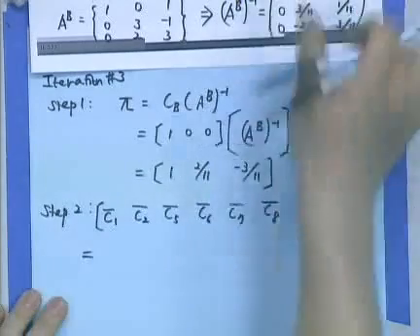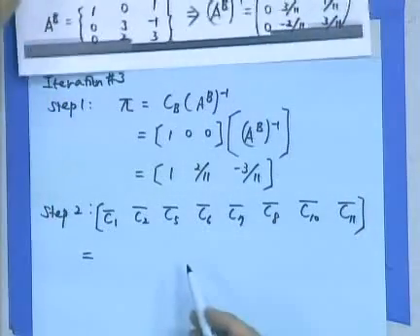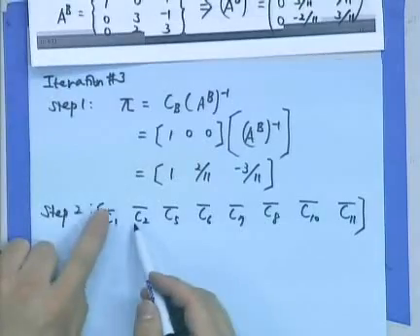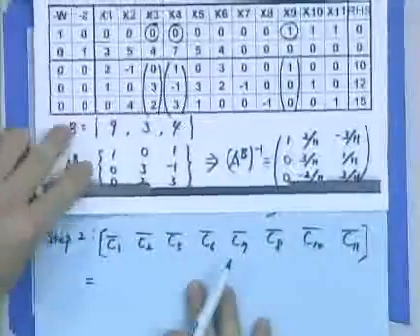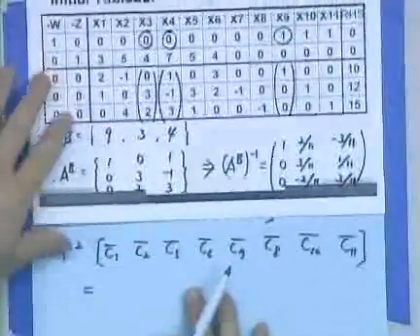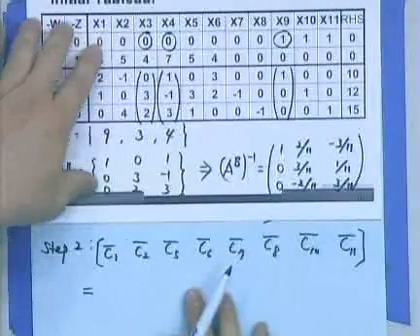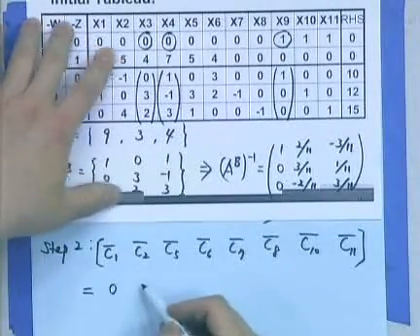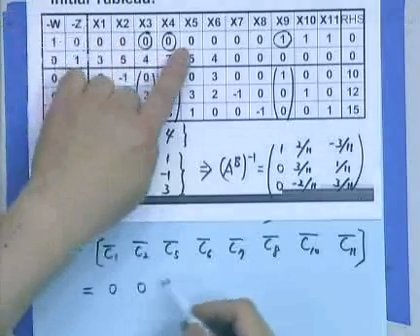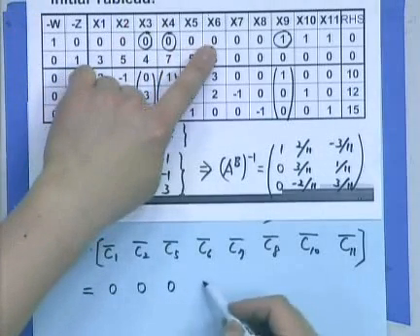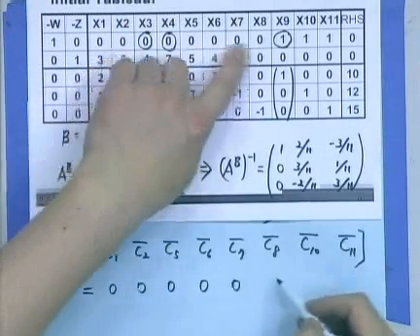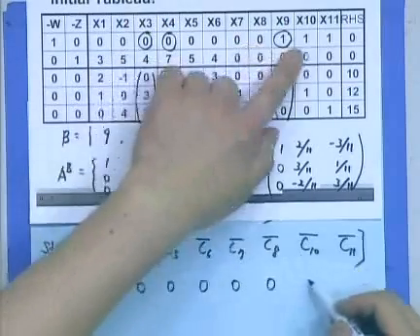And the objective coefficients relative to these non-basic variables are 0, 0, 0, 0, 0, 0, and 1, 1, right?